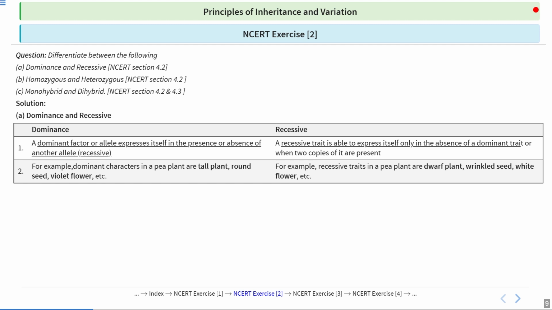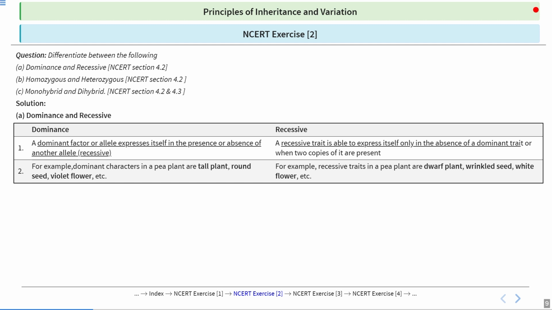For example, for tallness, there are two alleles, capital T and small t. Capital T is dominant, small t is recessive. Recessive alleles are written in lowercase. So only when small t is present will the plant be dwarfed.